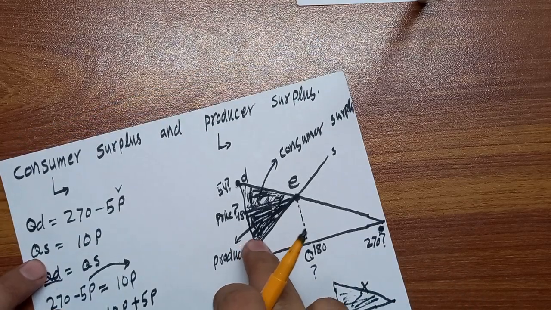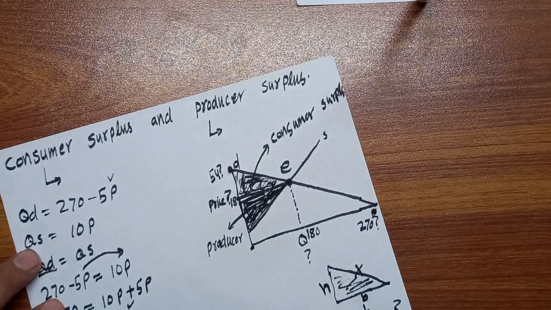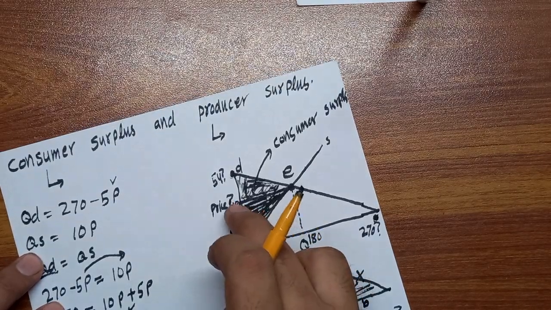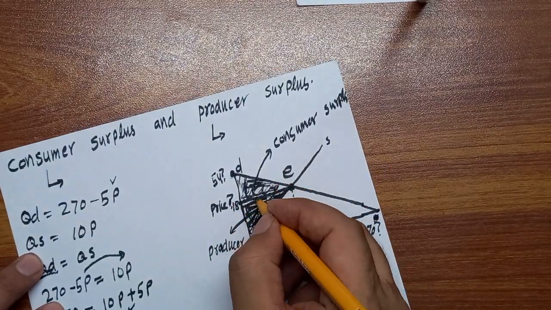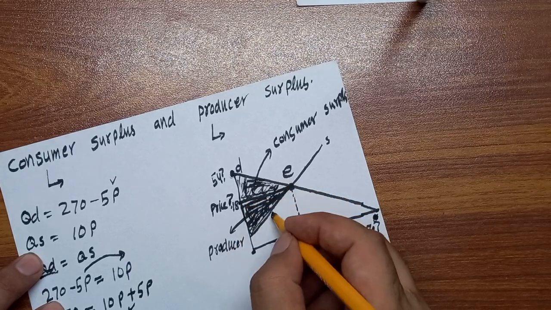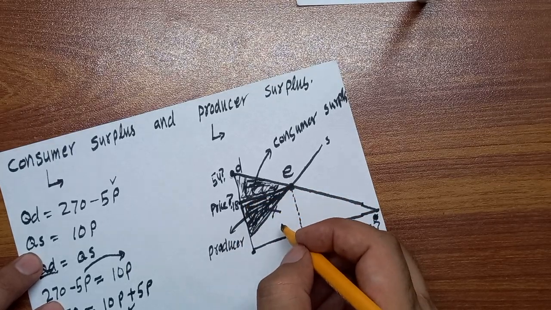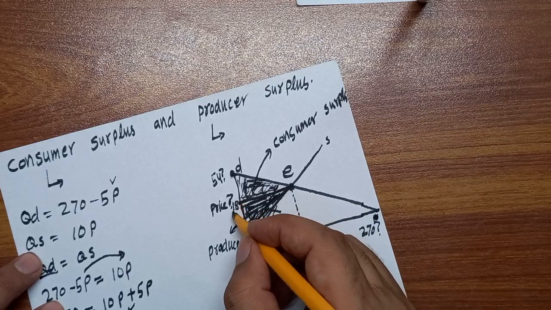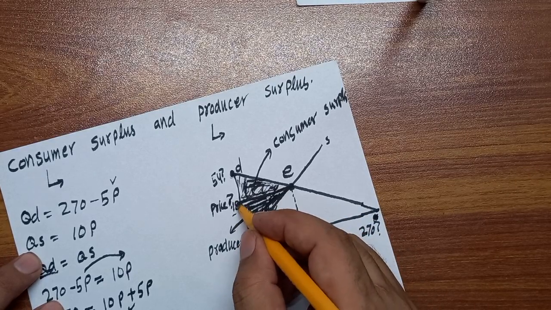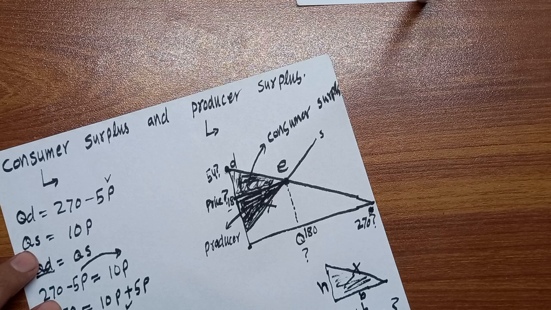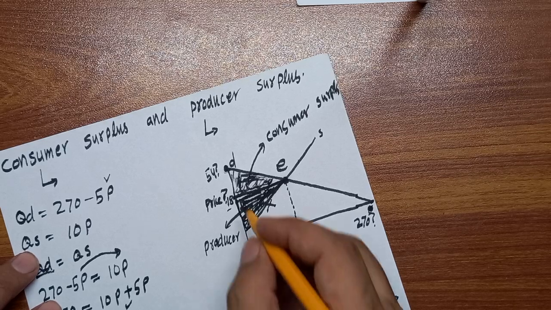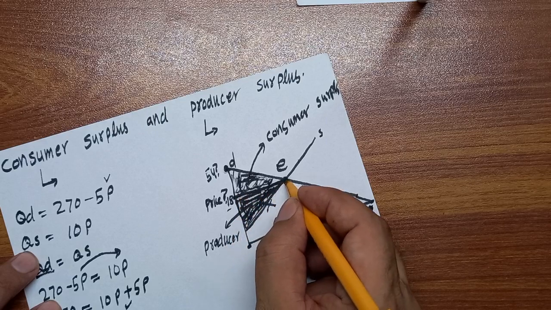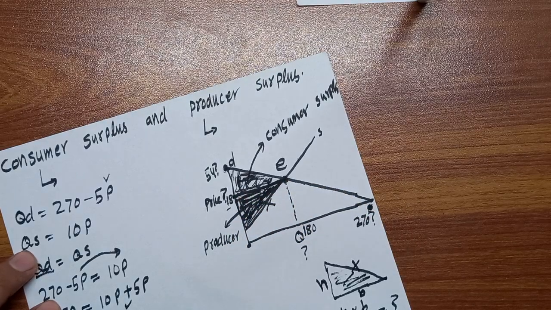Now we are going to find this area. Here we have the height and we have the base. This is the base, and this side we do not mention. The height is 18, from here to here we have 18. So I'll write height is 18 multiplied by the base. The base is 180, divided by 2.